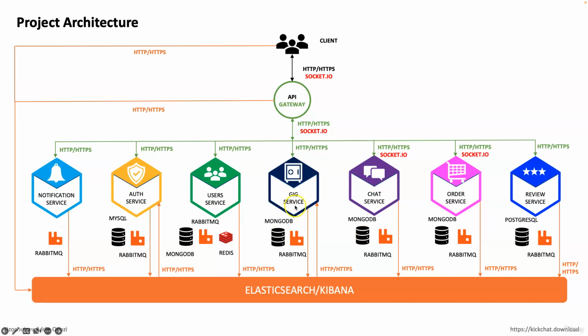Then the gig service. Every gig that will be created by a user, we are going to save in Elasticsearch and MongoDB. Okay, so every gig a user creates will be saved on Elasticsearch, and we are going to save it on MongoDB. But if we want to retrieve, okay, we are going to only retrieve from Elasticsearch.